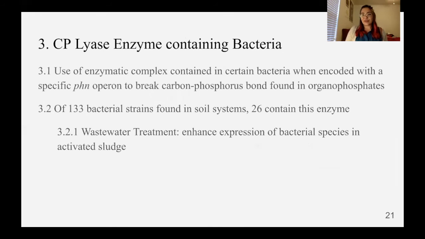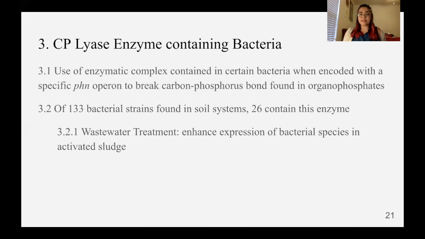For our biodegradation route, we considered C-P lyase containing bacteria. These bacteria contain a 14-gene phn operon, which encodes an enzymatic complex that allows these bacteria to break the carbon-phosphorus bonds found in organophosphates.